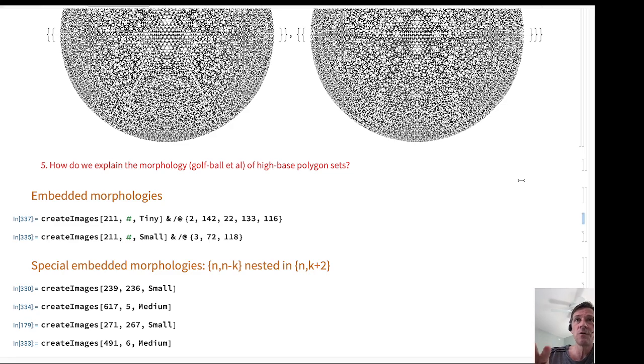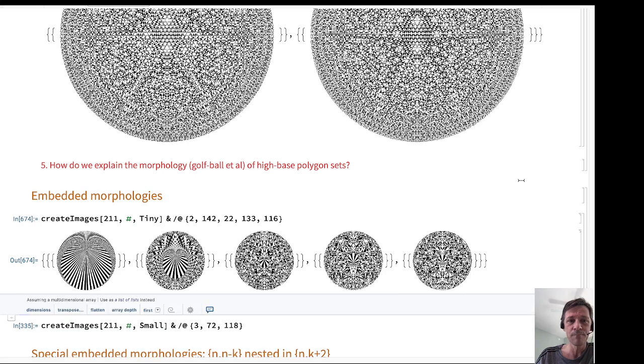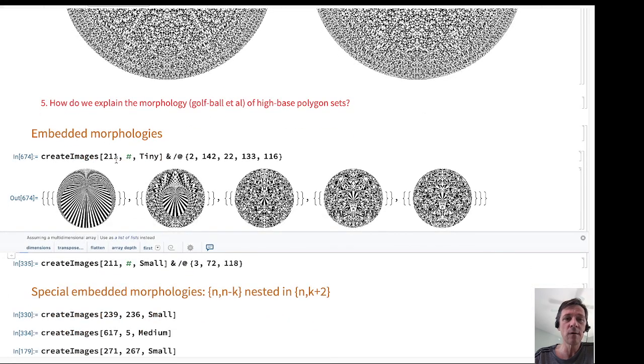We've seen those node shapes, and we've seen these kind of star shapes, node shapes associated with low bases, and star shapes associated with high bases. But these don't just occur on the top level. This is denominator 211. I've selected 5 images from the world of denominator 211.